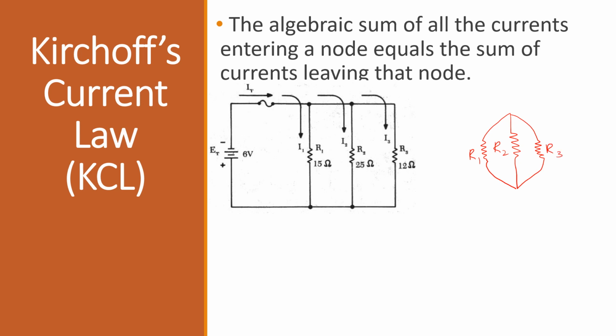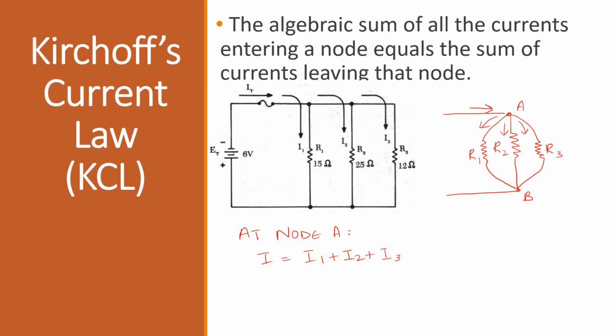So this is node A and this is node B. Now, when we look at node A, here one current is entering and three currents are leaving. So we can write here at node A, I is equal to I1 plus I2 plus I3.